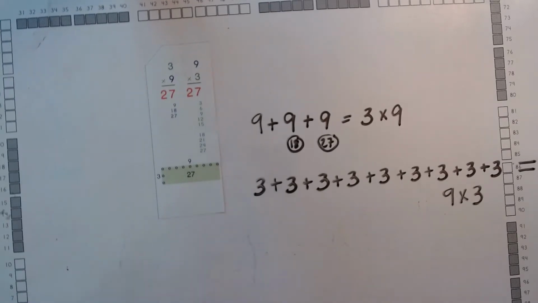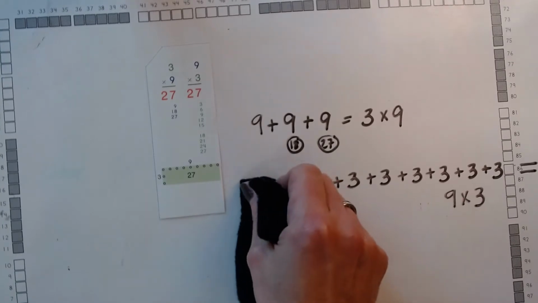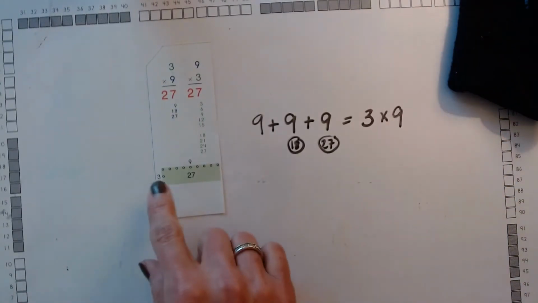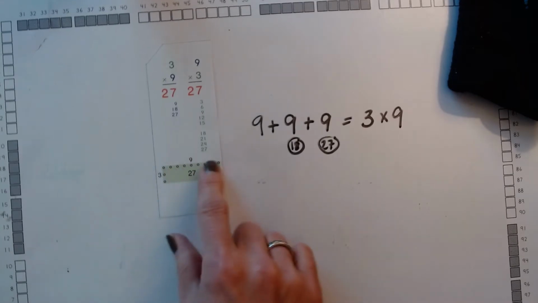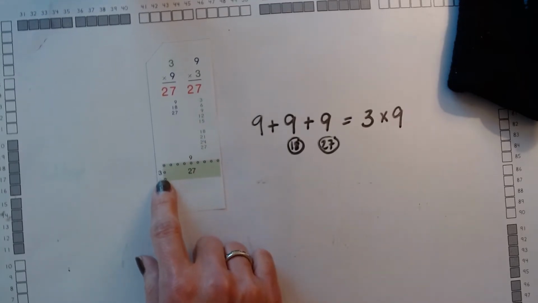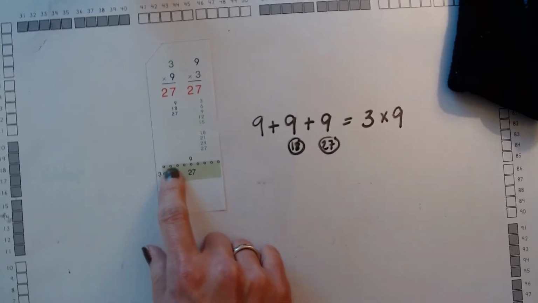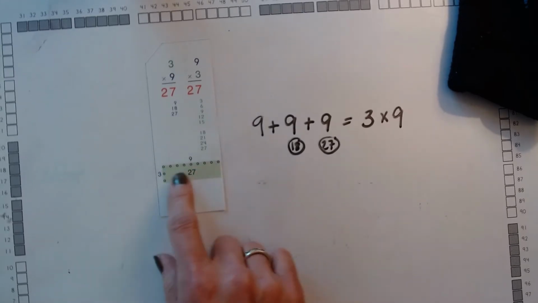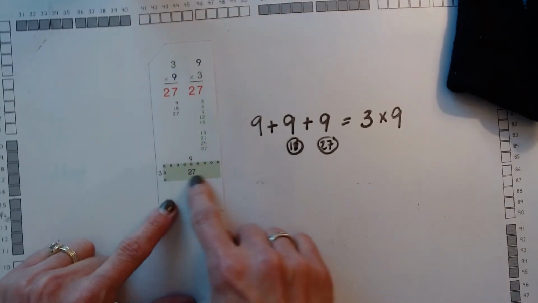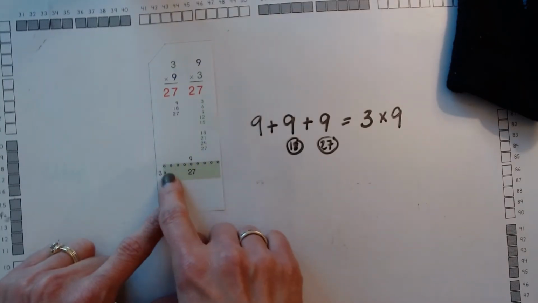When you look at the bottom, you have something a little different, and that's called a fast array. You know what an array is, right? An array is equal rows. So here I have 3 rows. You can see 1 dot, 2 dots, 3 dots. And in each of those rows, I'm going to have 9. But this time, instead of putting dots in every row, I just put them along the outside.